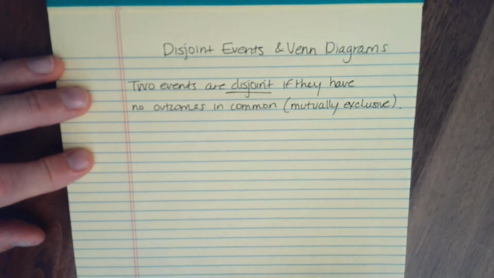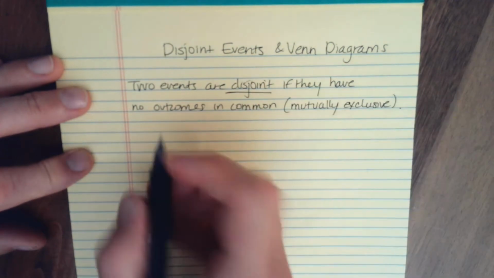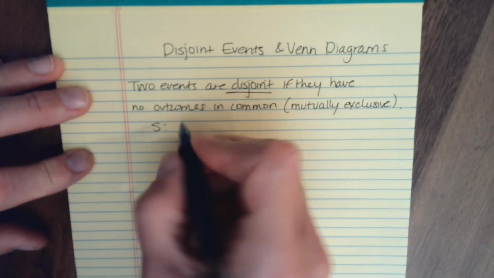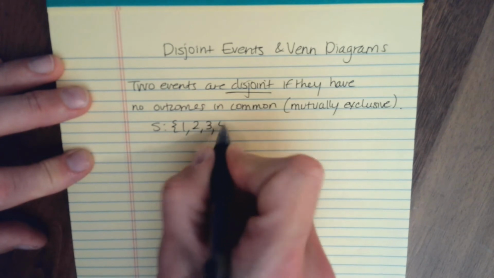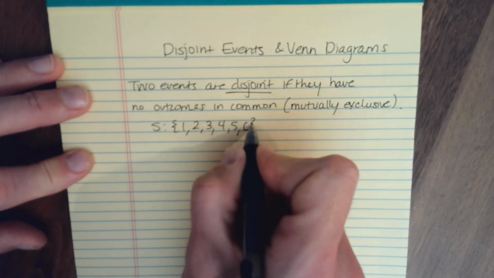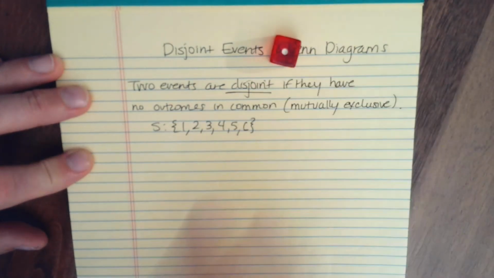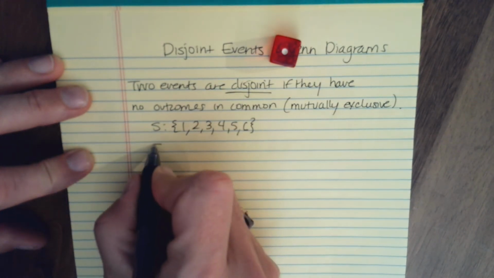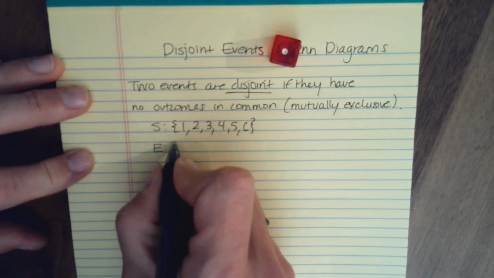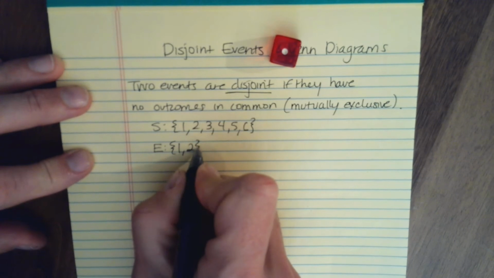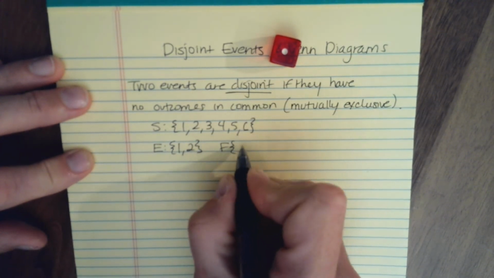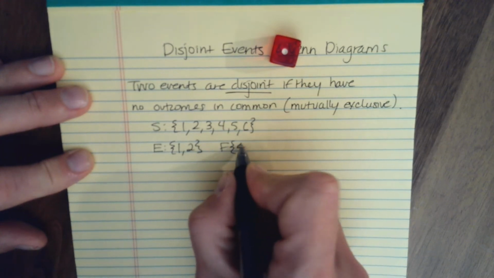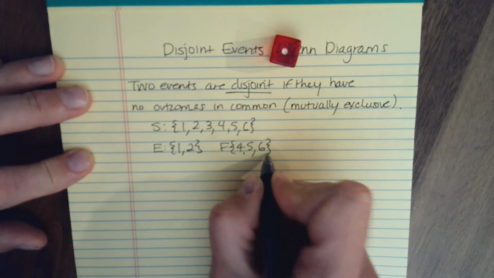So let me give an example. Again, I want to use this example of rolling a fair die where our outcomes are 1, 2, 3, 4, 5, and 6. Maybe we define an event E as 1 and 2, and the event F as 4, 5, and 6.